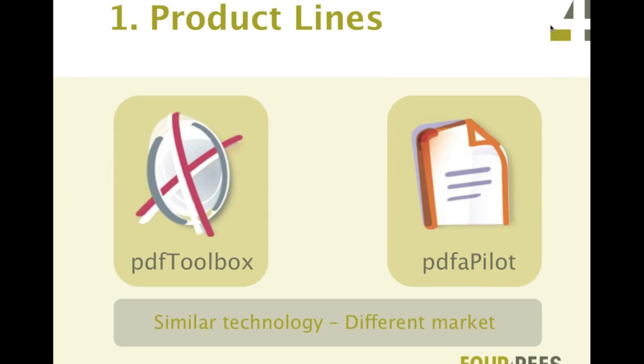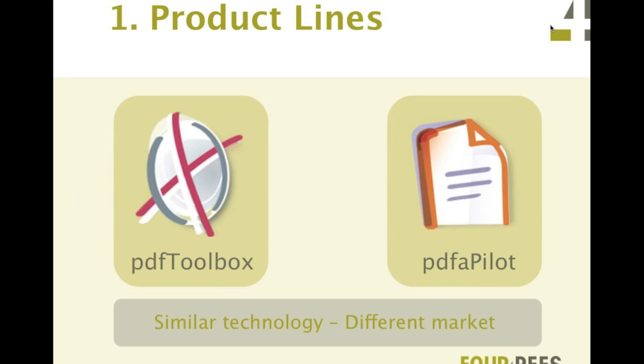So 3 slides to position what we're going to talk about today. The first one is to talk about product lines. Kala Software has 2 product lines, pdfToolbox and pdfAPilot. If you look at those 2 solutions, and you are able to do so because there are fully functional trial versions of the solutions on the Kala Software website, you'll see that they are quite similar in terms of technology.